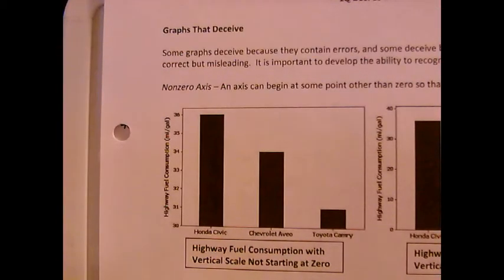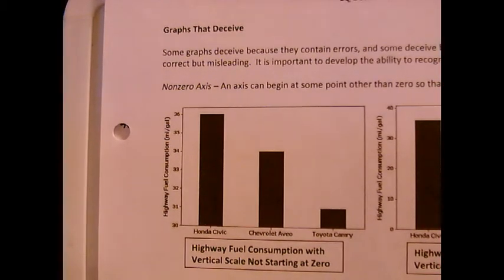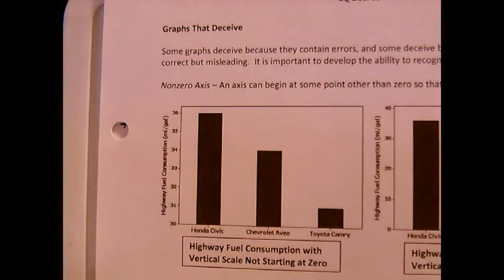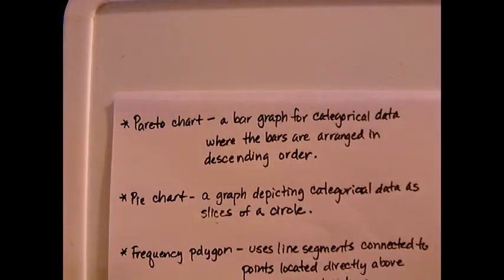So in this case here, that can be something where the graph can be deceptive. Okay? So do be aware of those types of graphs that can be deceiving, and it can be misleading if you're not careful with your vertical axis. Okay? So that would conclude this particular video on graphs that enlighten and graphs that can be deceiving.